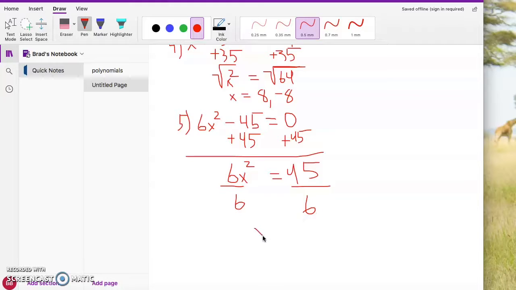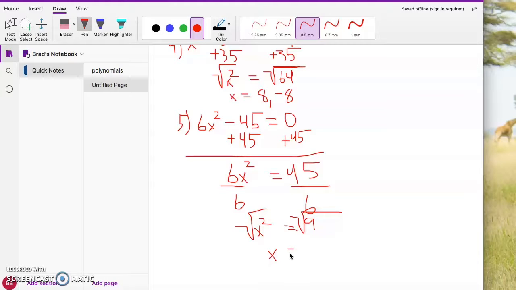Now we're down to something similar to what we've been seeing in this video: x squared equals negative 45 divided by 6, which is negative 7.5, and we're just doing our friend the square root on both sides. When you have an x squared, a square root gets rid of it, leaving you with the x.